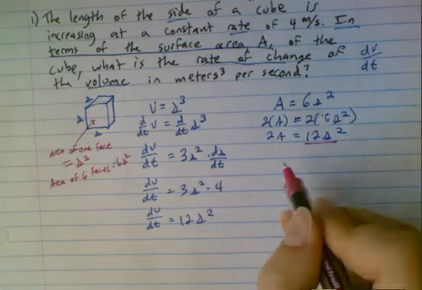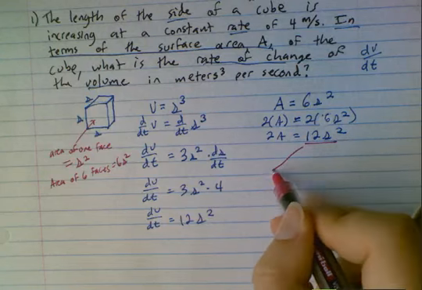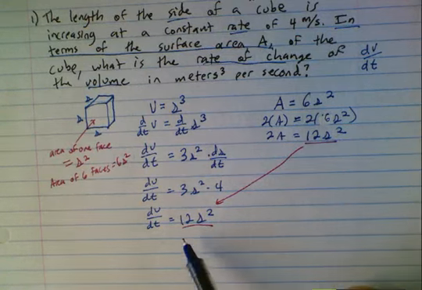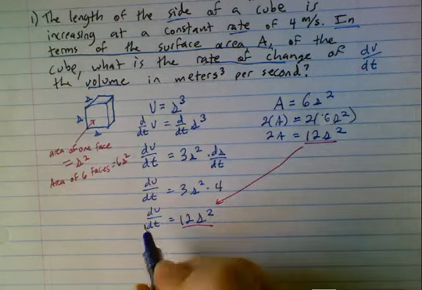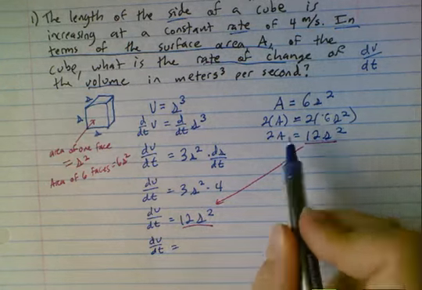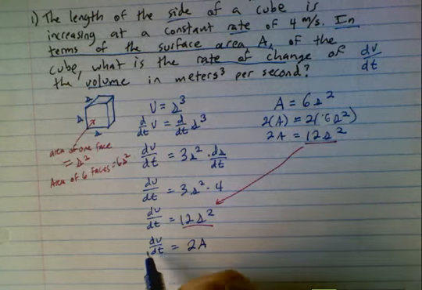Notice how this matches up with this. So whenever we have two things that match up exactly, we can substitute. Take out the 12s squared, put in the 2A.